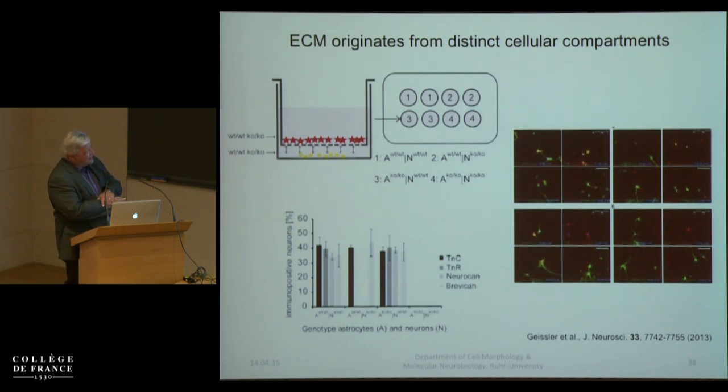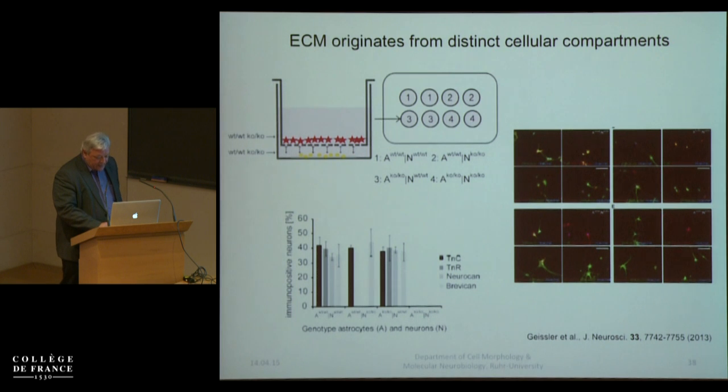So we could test whether, for example, wild-type astrocytes could rescue knockout neurons. Looking at immunocytology, as expected, we didn't find any of the proteoglycans and glycoproteins in the quadruple knockout because they had been removed. And we saw that under our conditions the astrocytes contribute tenascin C and brevican. This was to be expected.